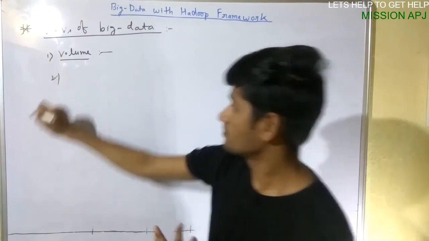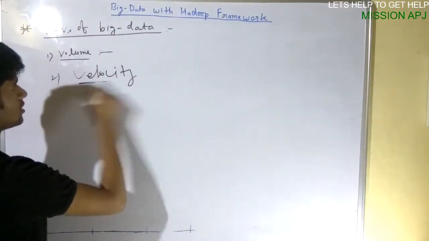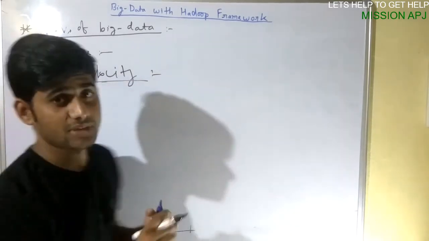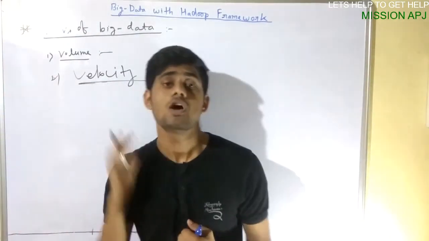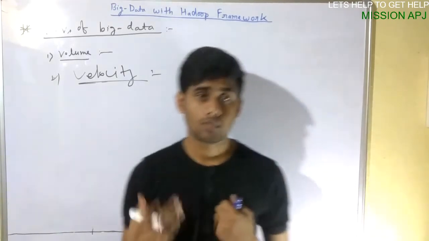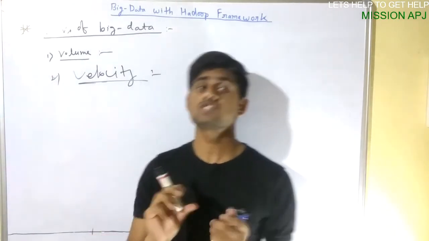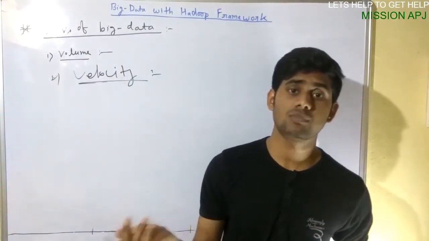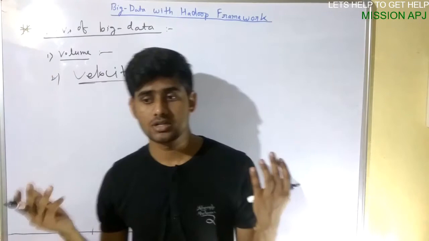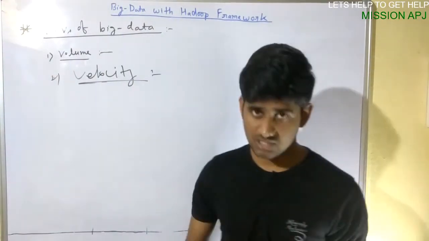Now another V is velocity. That's the second V of big data. What is the second V of data? That's velocity. Velocity is nothing but the velocity with which data is being produced. This much data has been produced in a short period of time, like just in 10 minutes, 5 billion GBs of data has been generated.